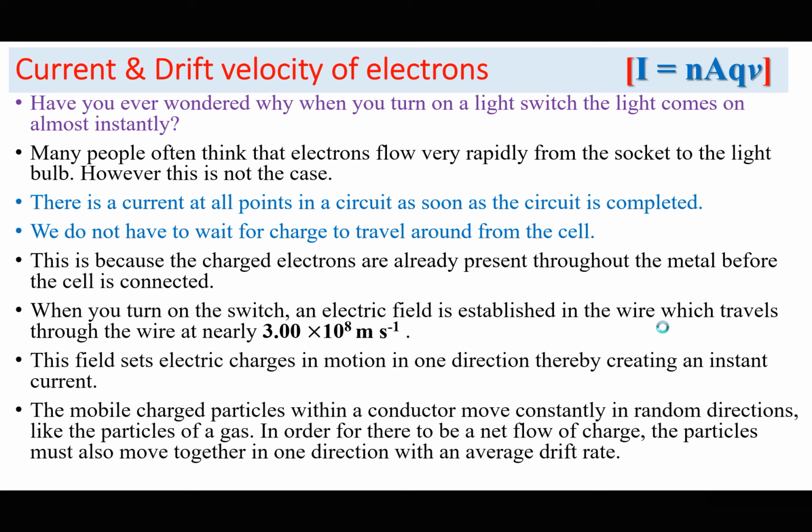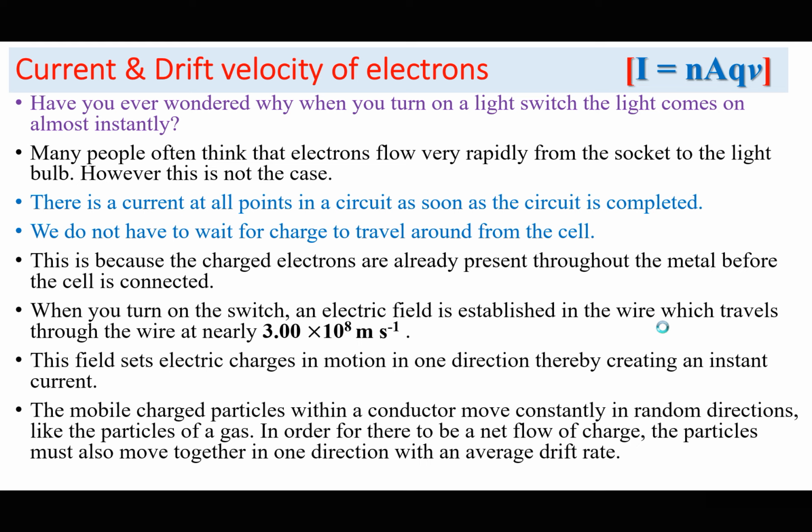So in this lesson, we are going to start by trying to derive an expression for current in terms of the number of charge carriers or electrons, the cross-sectional area of a given wire or conductor, the charge of the charge carrier, which may be the charge of an electron, and the drift speed.